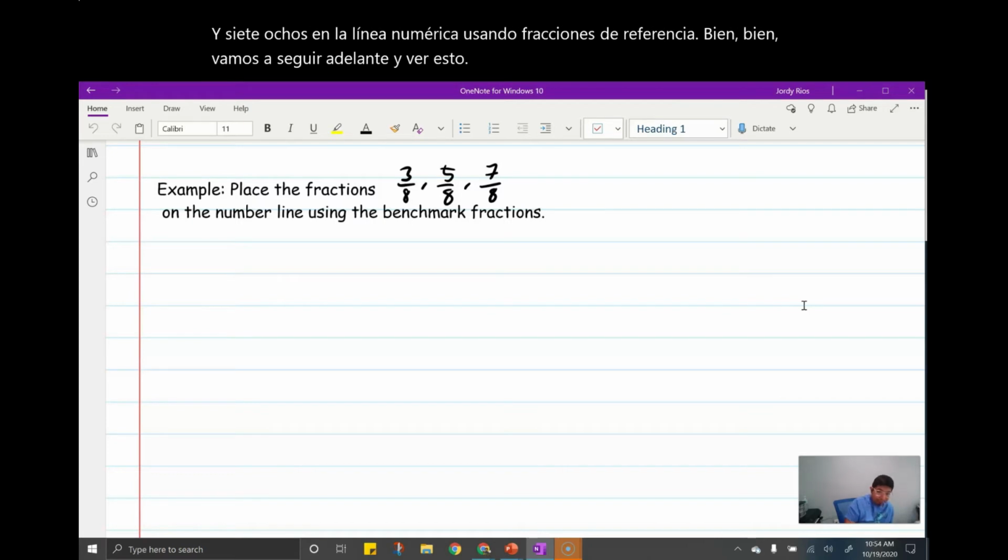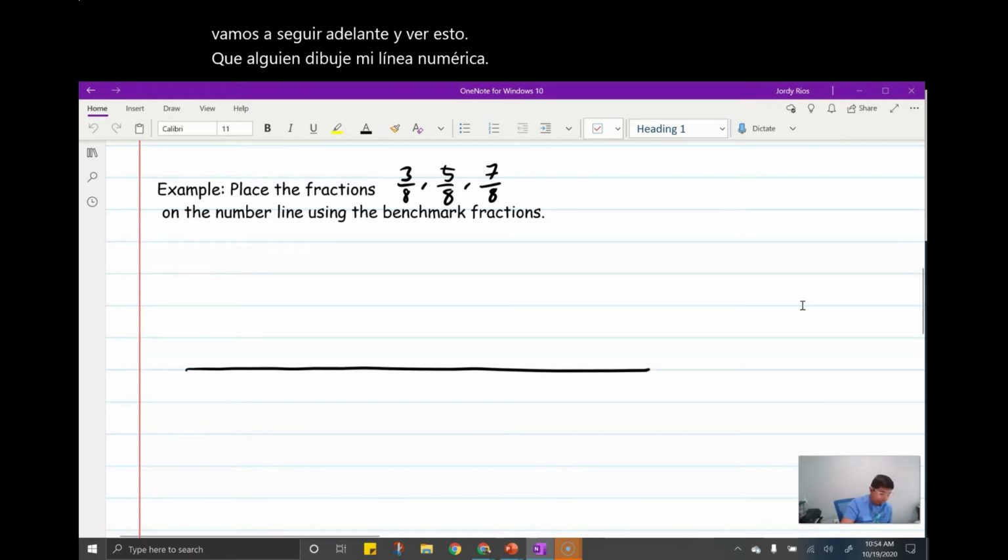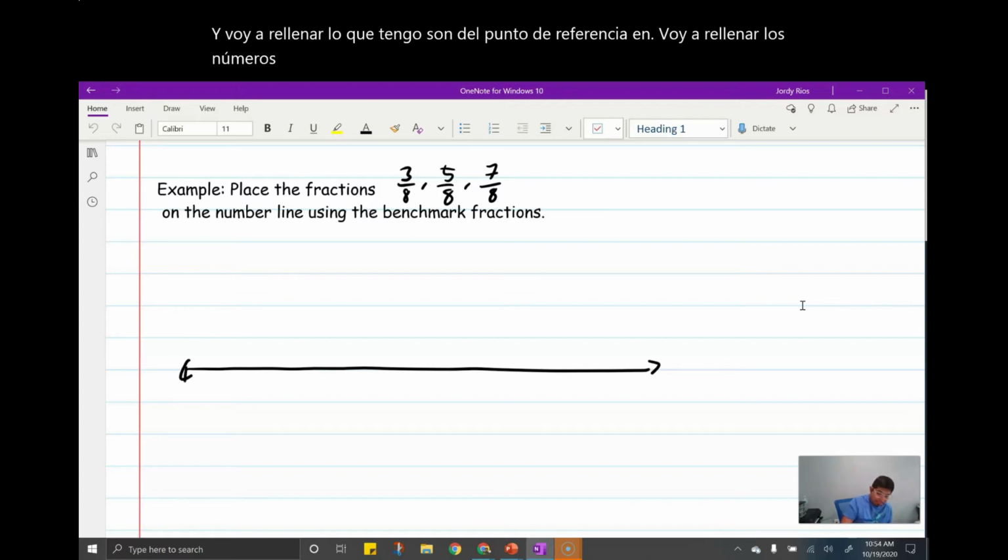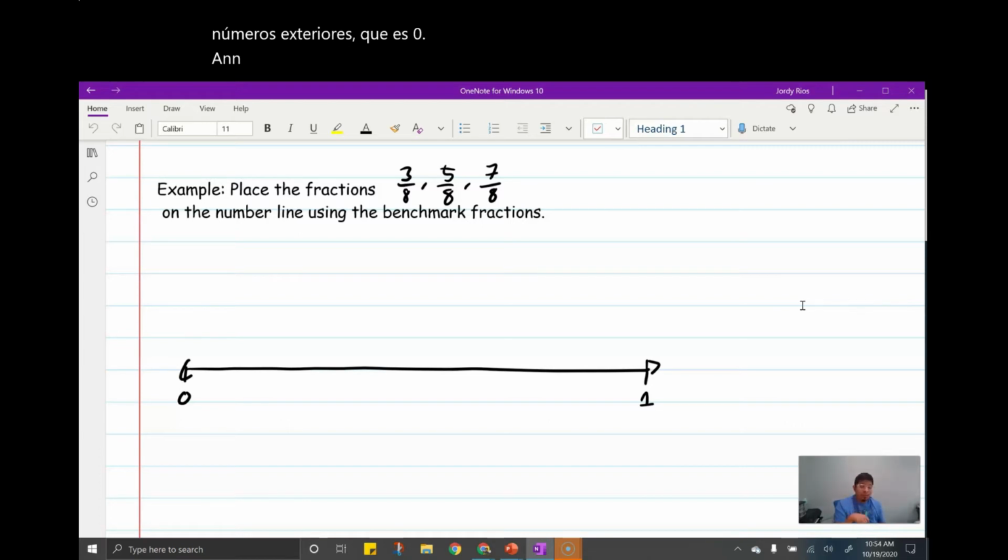So I'm going to draw my number line, and I'm going to fill in what I have of the benchmark. I'm going to fill in the outer numbers, which is 0 and 1. And because our denominator is 8, I'm going to put 8/8. It's the same thing. Now, before I fill it in, I'm going to fill in some of my benchmark fractions so that way I kind of know where they're at, okay?